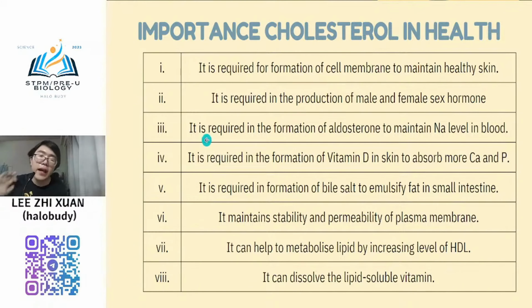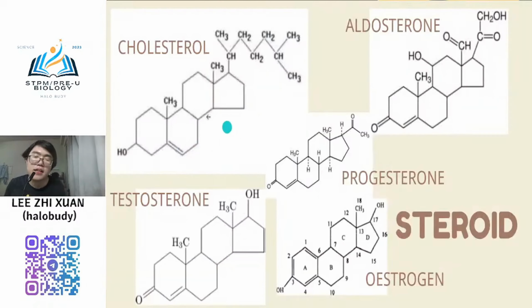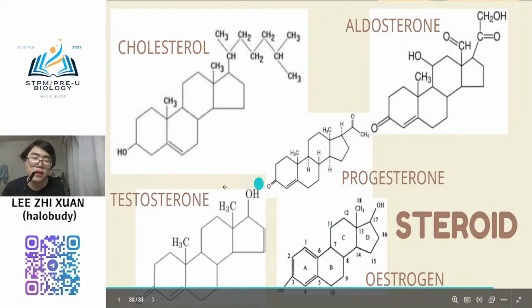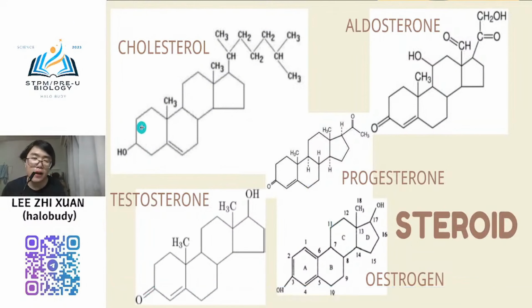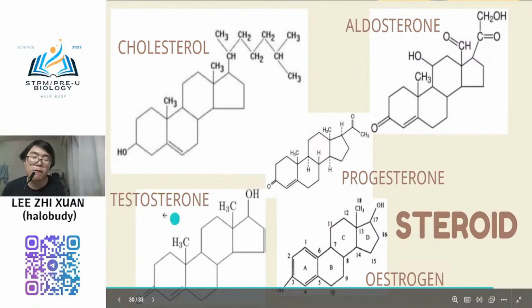As you know, cholesterol is a steroid, and you see the other steroid structures are almost similar to cholesterol. The hydrocarbon chain is totally the same. There are 3 hexagons and also 1 pentagon. The difference is the functional group only. You see the testosterone, the functional group there.